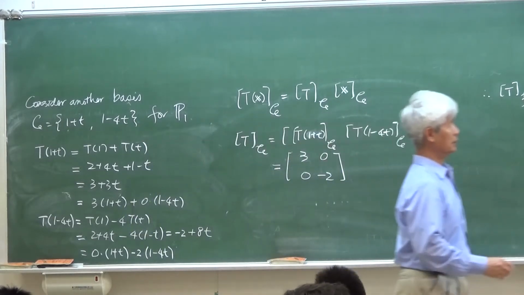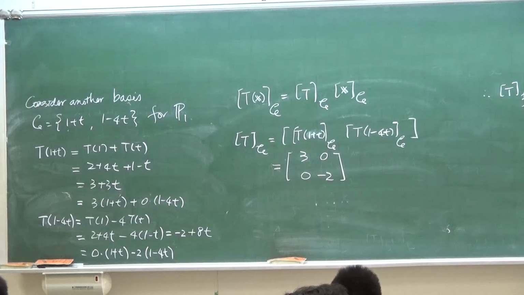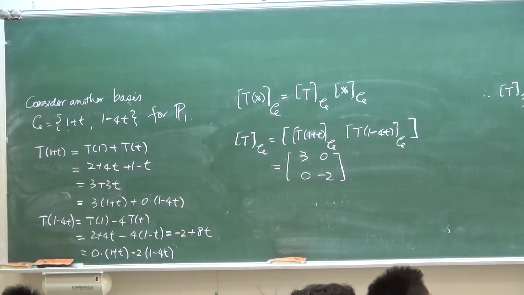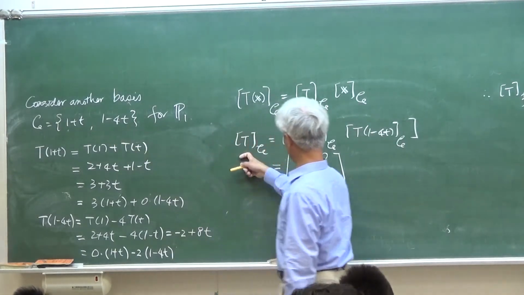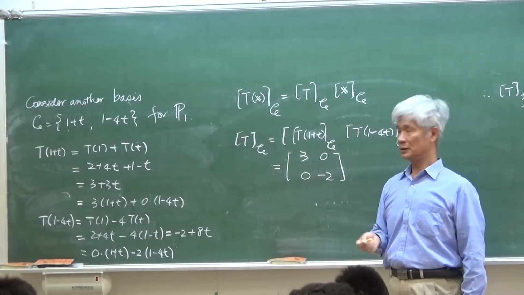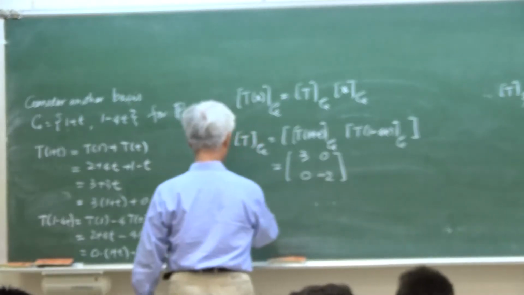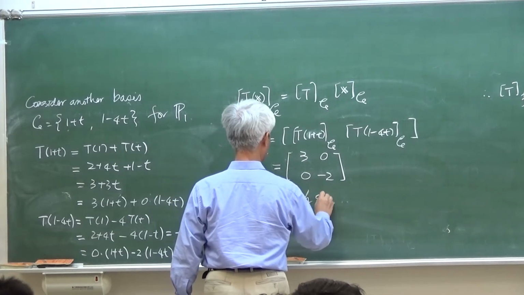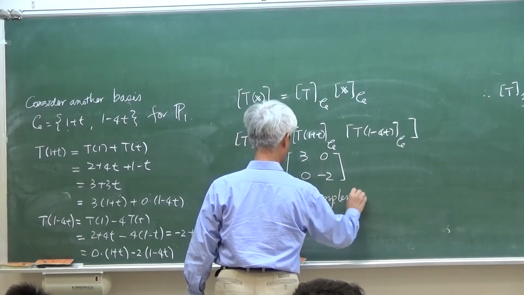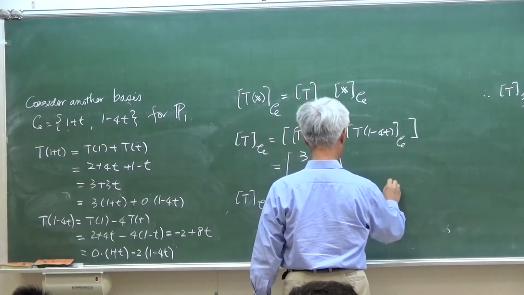Now you compare. The matrix representation of T relative to the standard basis is a little bit complicated, right? Because you have non-zero entries in the four positions. But if we choose this basis, then the matrix representation is a diagonal matrix. So you can see that [T]_C is much simpler than [T].